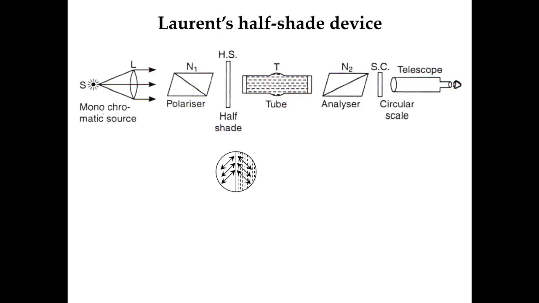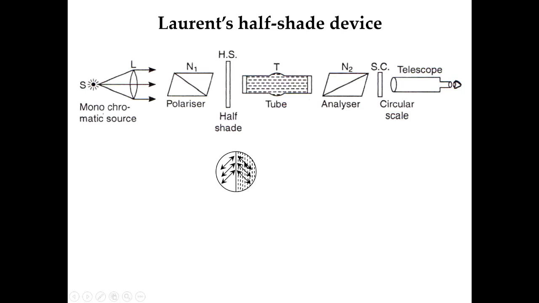Now we will discuss the working of Lorentz half-shade device. In this device, the unpolarized light is passed through a polarizer, and then the polarized light is passed through the half-shade plate. When this polarized light passes through half-shade plate, the situation is like this.